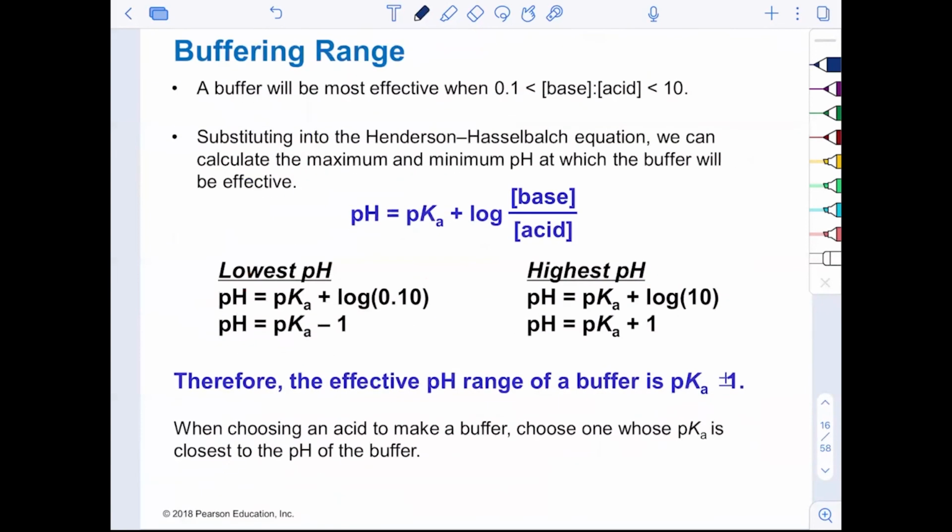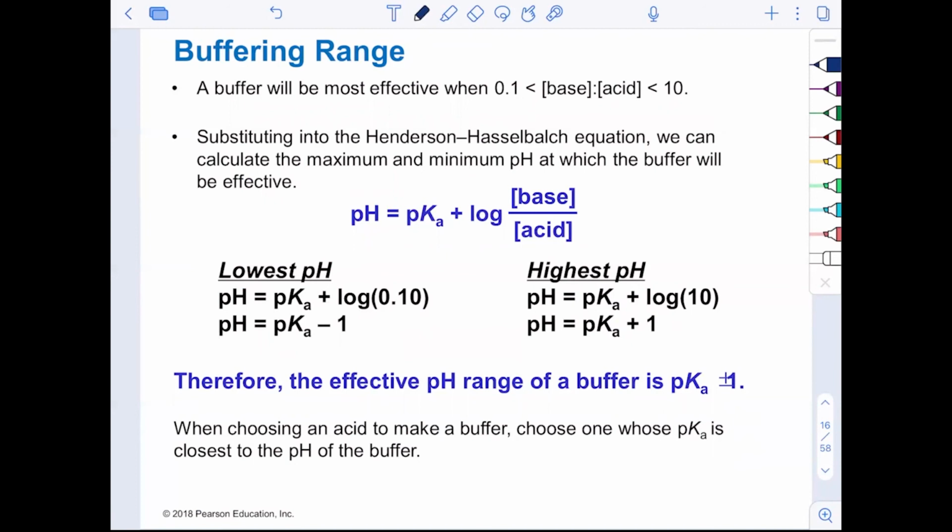A buffer range will be most effective when 0.1 to 10 is the mole ratio, all right? So we want it to be somewhere in the same ballpark for base to acid ratio. We don't want too much acid or too much base. We want them to be almost equal so that they have the best buffering capacity and range.